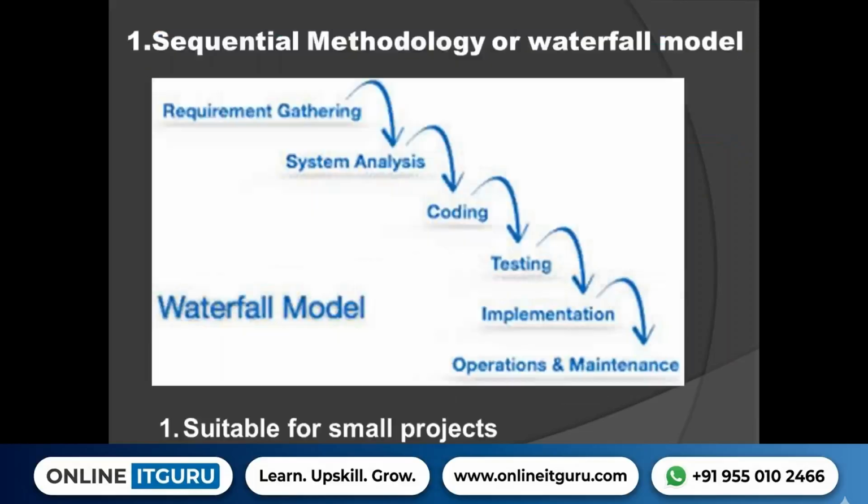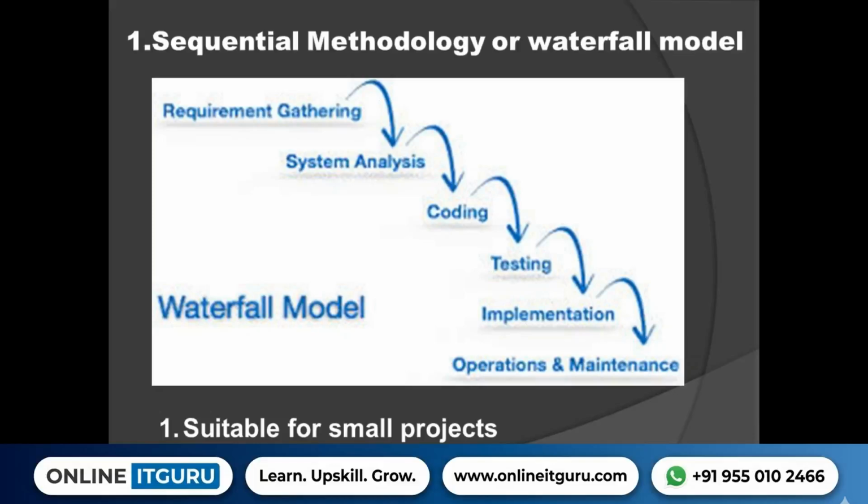Okay, now what is waterfall model or sequential methodology? So sequential methodology is a very traditional and rigid method, it means it is a very old model, where in this model we can't make any changes to the requirements.